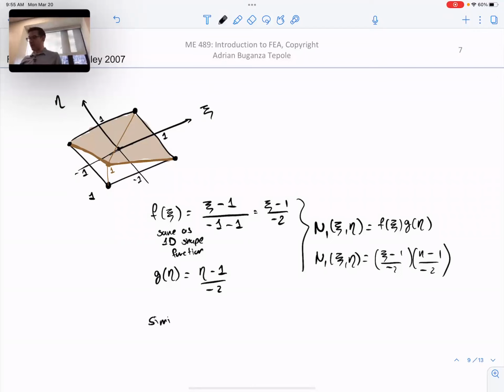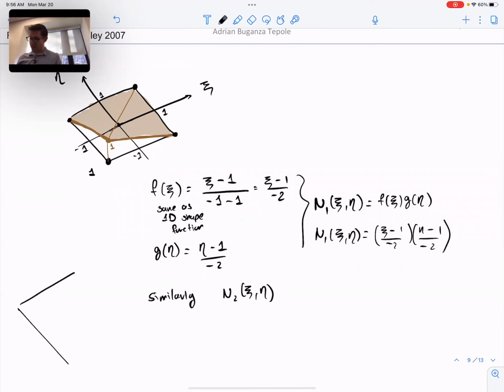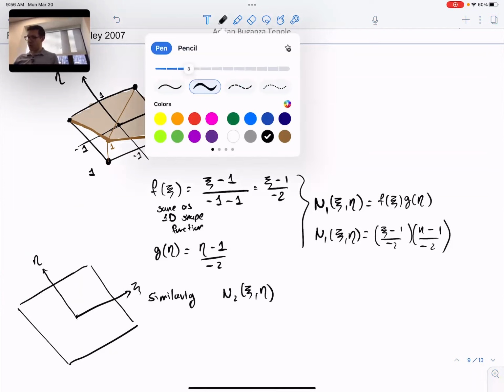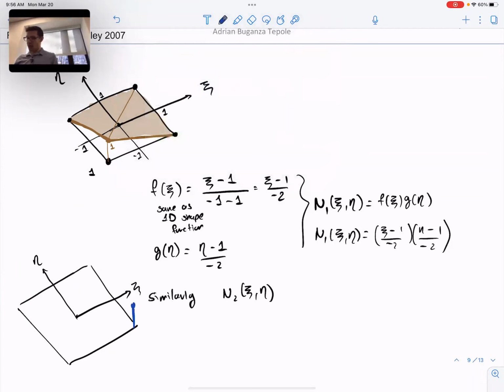Similarly, what is the second shape function of psi, eta? I'll try to draw it again. Maybe I'll put it down here. So now we want a function that is 1 here, and it goes to 0 at the other ones.